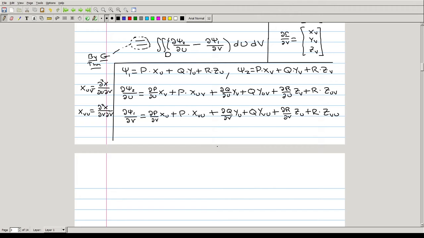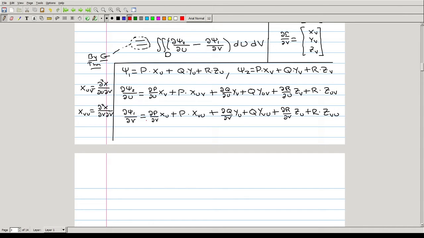And at first this looks extremely daunting and overwhelming, but you'll remember the assumptions that we made in this problem about the continuity and the smoothness of our boundaries. Well, x_uv, the mixed second partial derivative, is going to be equal to x_vu, because of Clairaut's mixed derivative theorem, right?